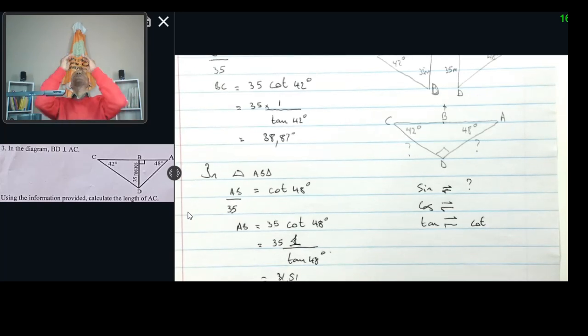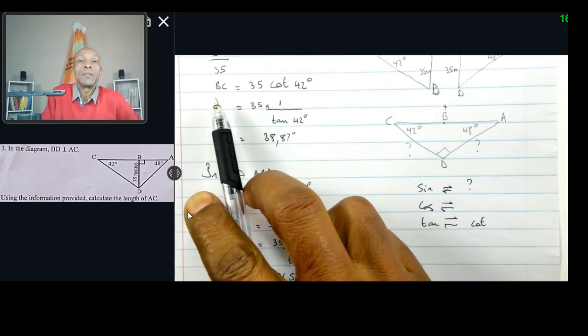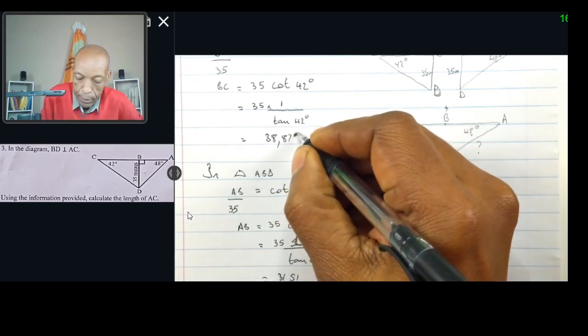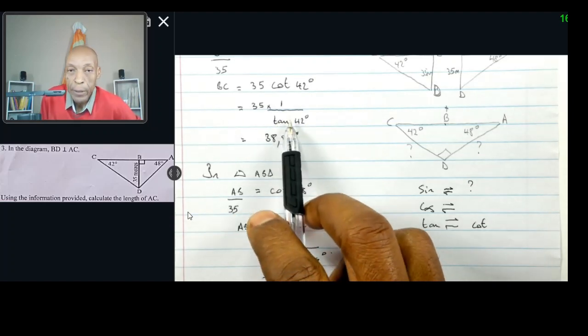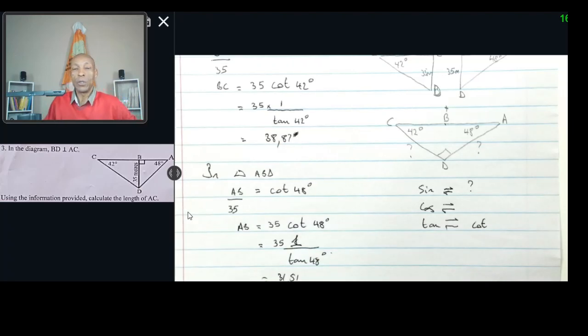And look at me. What are we calculating? We are calculating length. We are not calculating degrees. Okay. Right. When I put that in the calculator, I'm using degrees, but the value is a unit of length, a side.